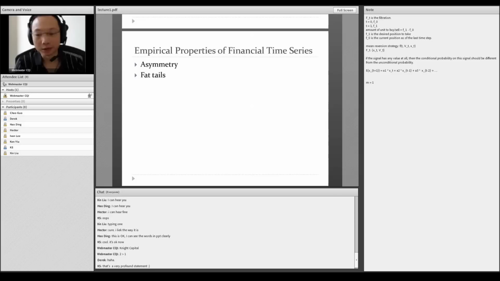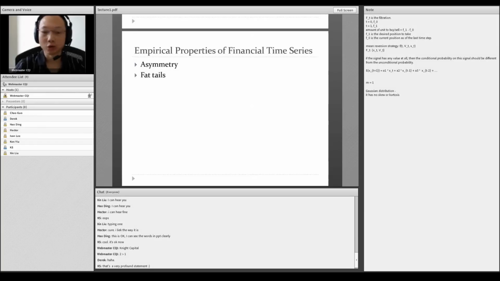In other words, the Gaussian distribution has two problems: it has no skew or kurtosis. Skewness measures the asymmetry, and kurtosis measures the fat tail events.